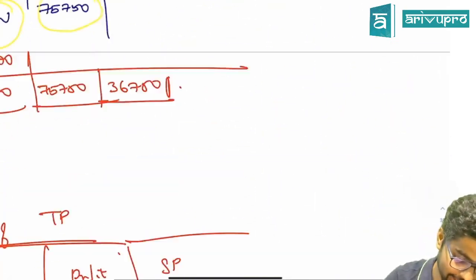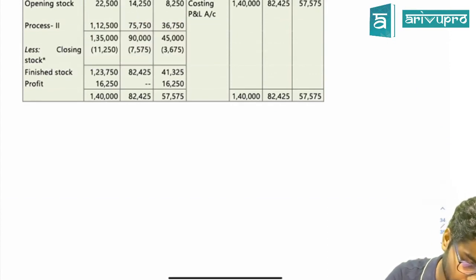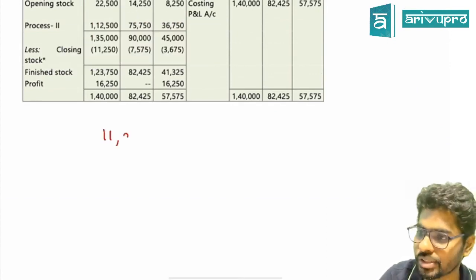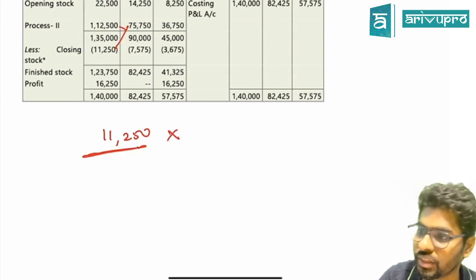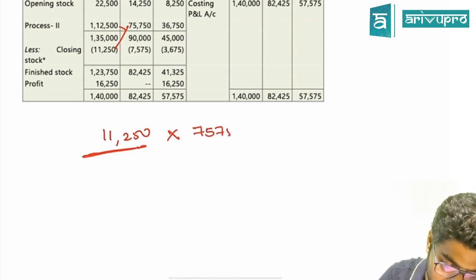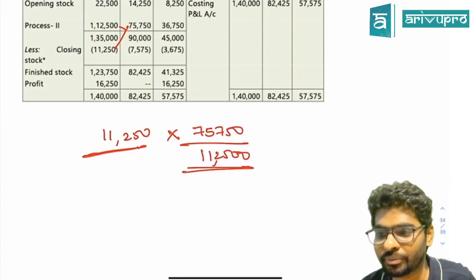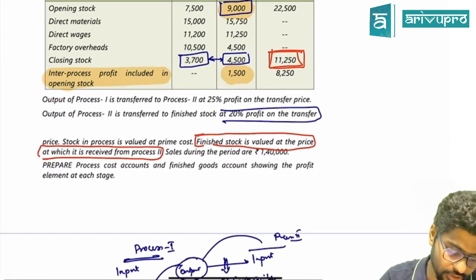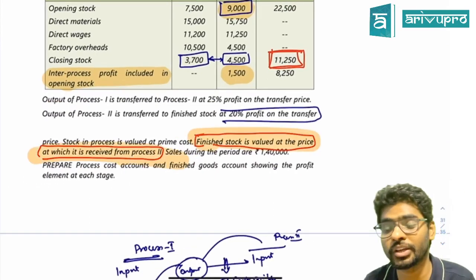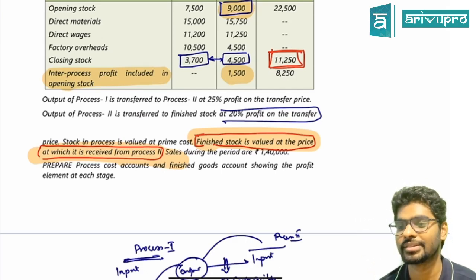So basically it is going to be this value, 11,250. You're going to be doing the cross multiplication with 75,750 divided by 11,112,500 because this is valued at process 2. Sorry, my mistake. This is the disadvantage of not doing it through a book. Are you guys clear? Sorry, thanks Pratham for bringing it up.